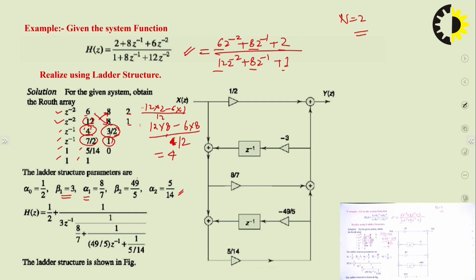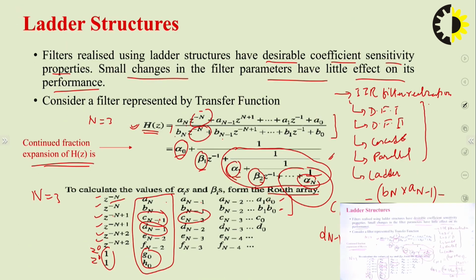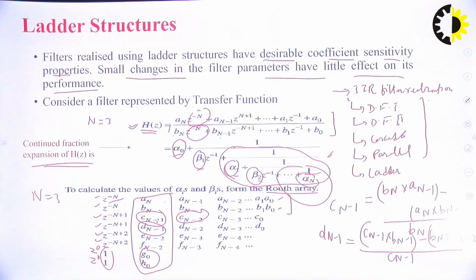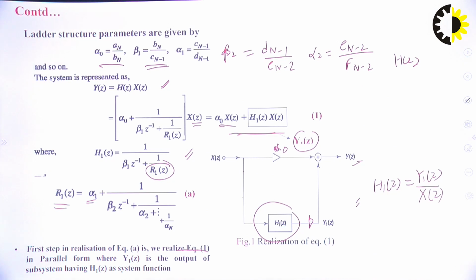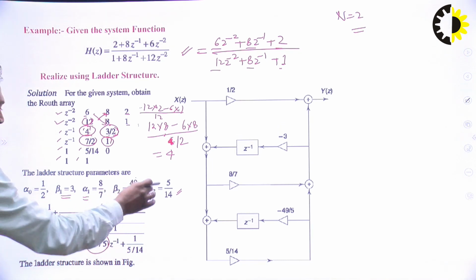Now we will write these coefficients in continued fraction expansion form. So H(z) equals alpha naught plus 1 upon beta 1 z to the power minus 1 plus 1 upon alpha 1 plus 1 upon beta 2 z to the power minus 1 plus 1 upon alpha 2.